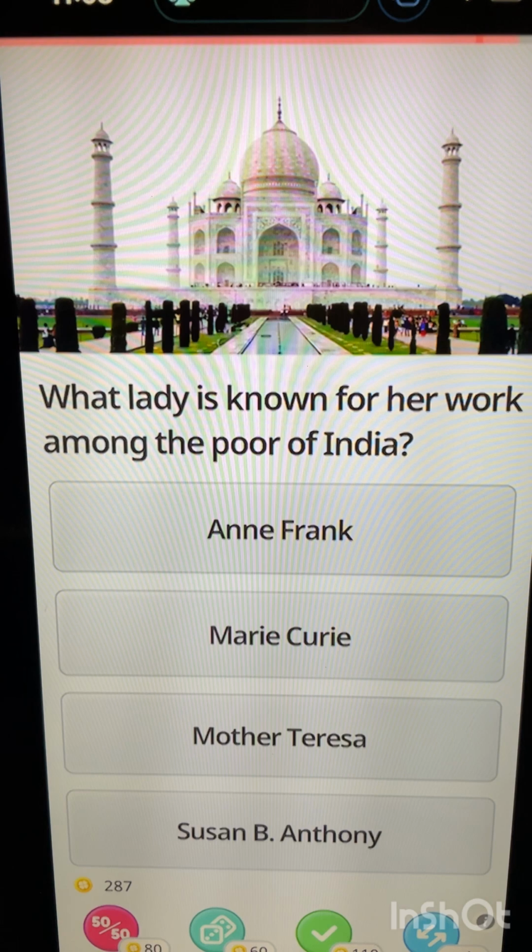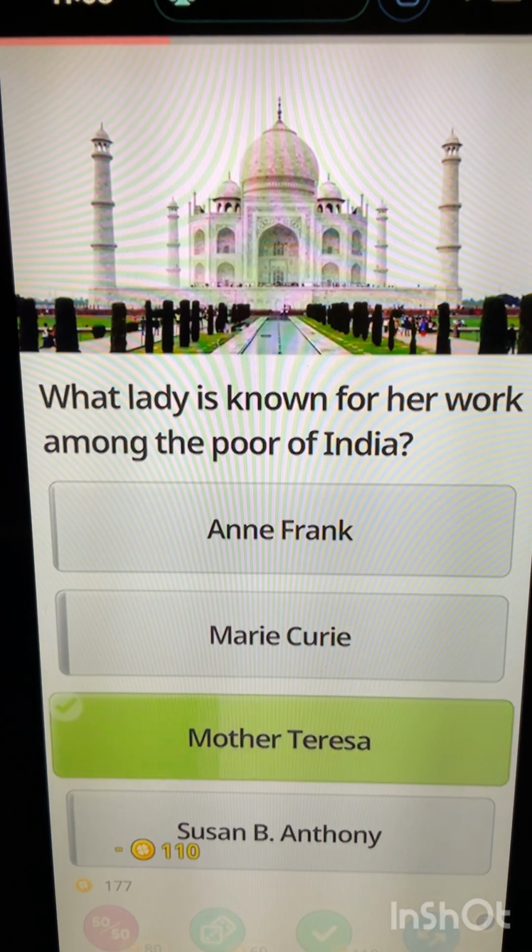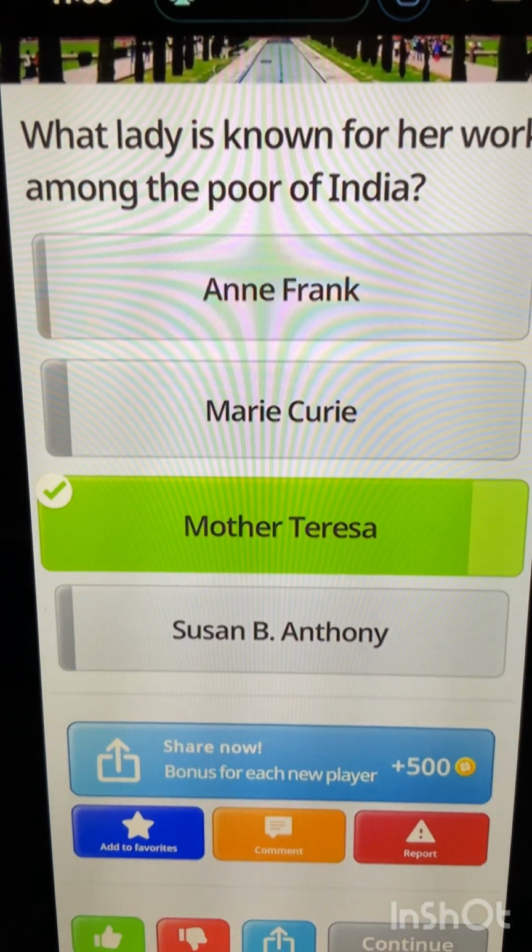What lady is known for her work among the poor of India? First one is Anne Frank. Second one is Marie Curie. Third one is Mother Teresa. And last one is Susan B. Anthony. So the answer is Mother Teresa.